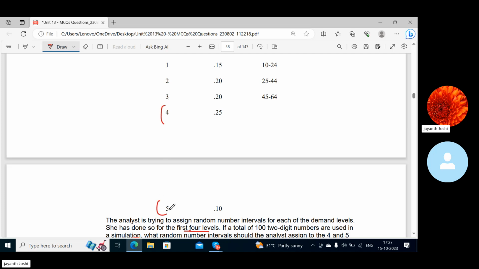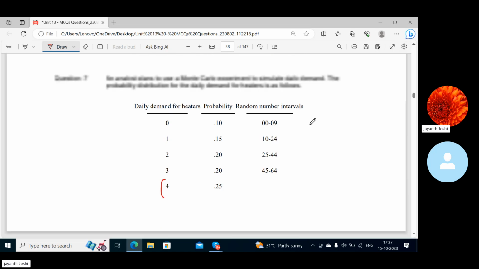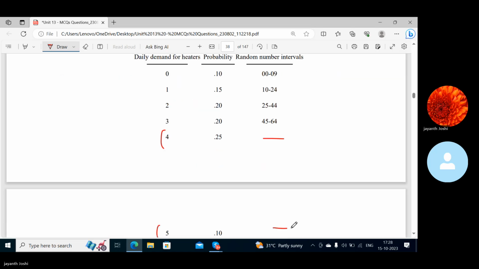This and this. Because for this, random numbers are not given. They have given the random numbers for all, but for this the random numbers are not assigned.